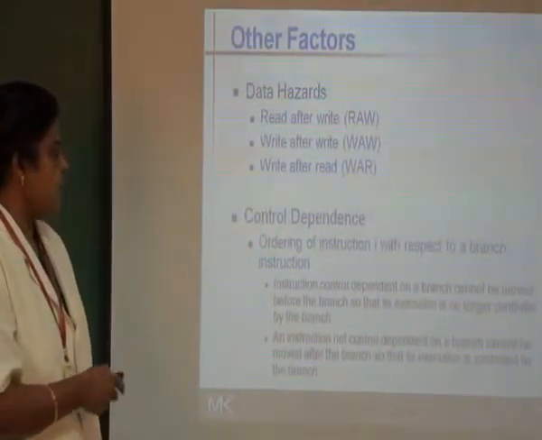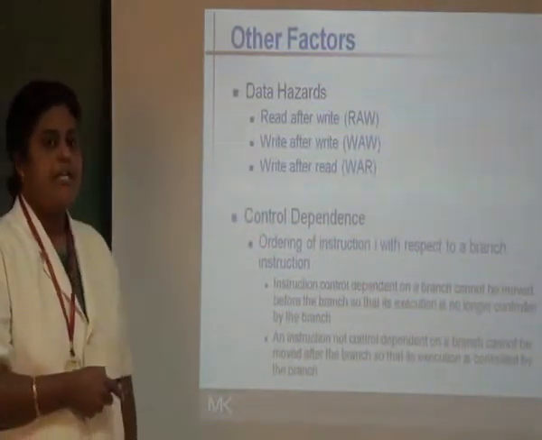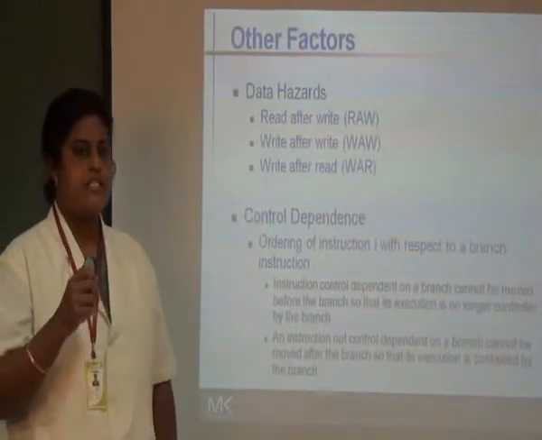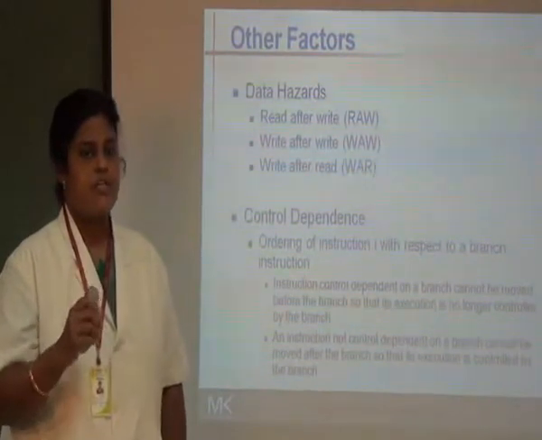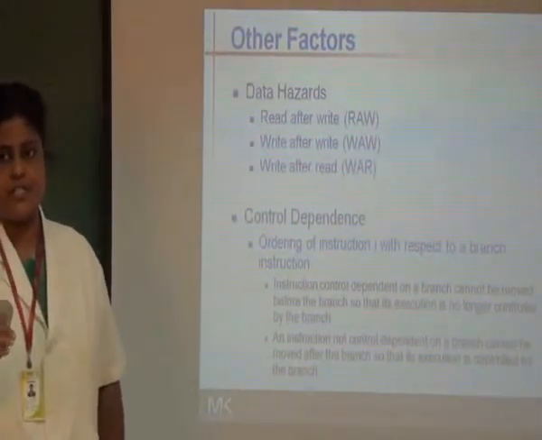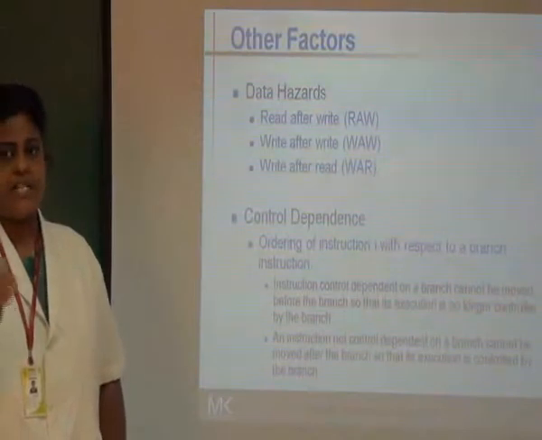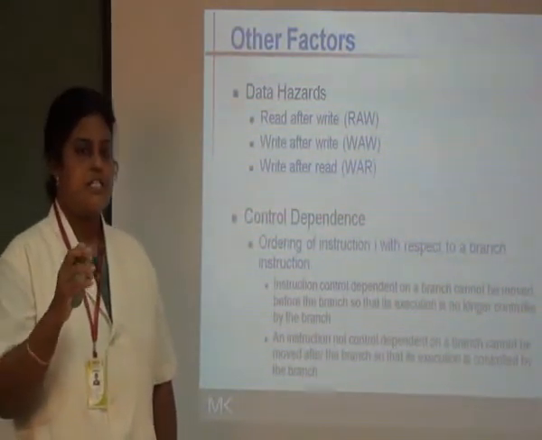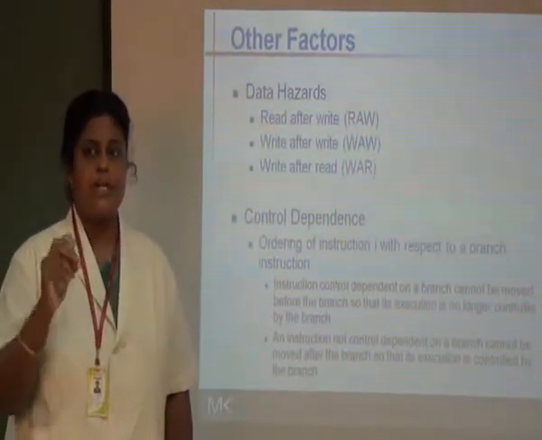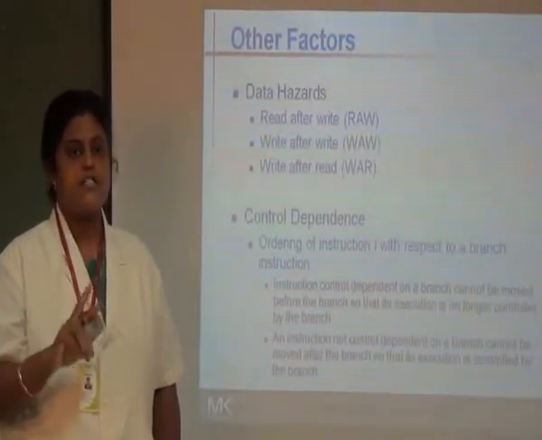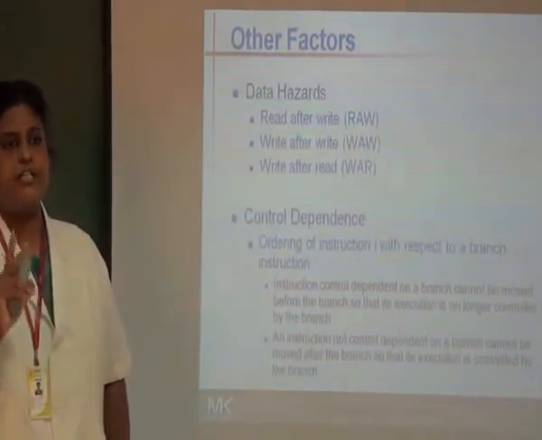So what is control dependence? Control dependence mainly talks about the instructions which are executed as a result of a branch decision. So what is actually a branch decision? A branch decision results when you execute a branch instruction. The branch instruction is going to have two different outcomes.